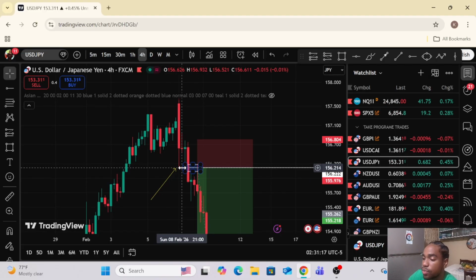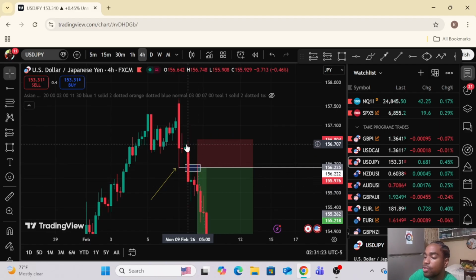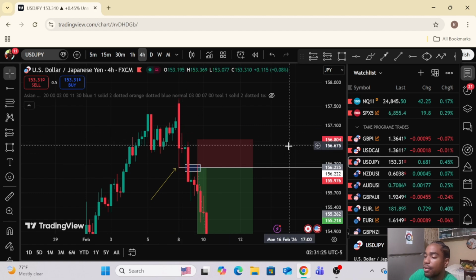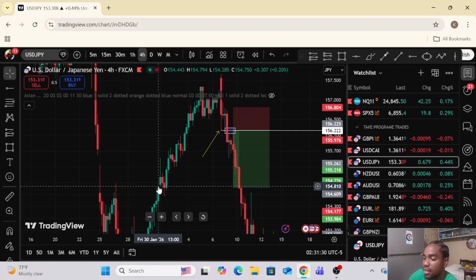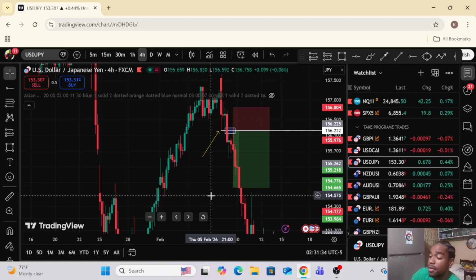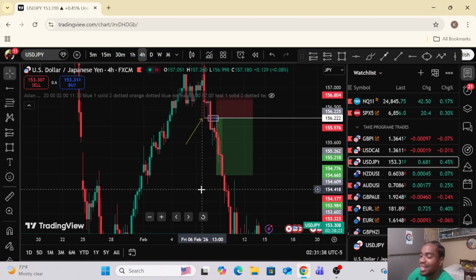Overlapping with that sweep. And then as soon as price tapped into that zone, what did I do? I placed my stop loss above this high right here, and I targeted this low right here, this 4 hour close right here.